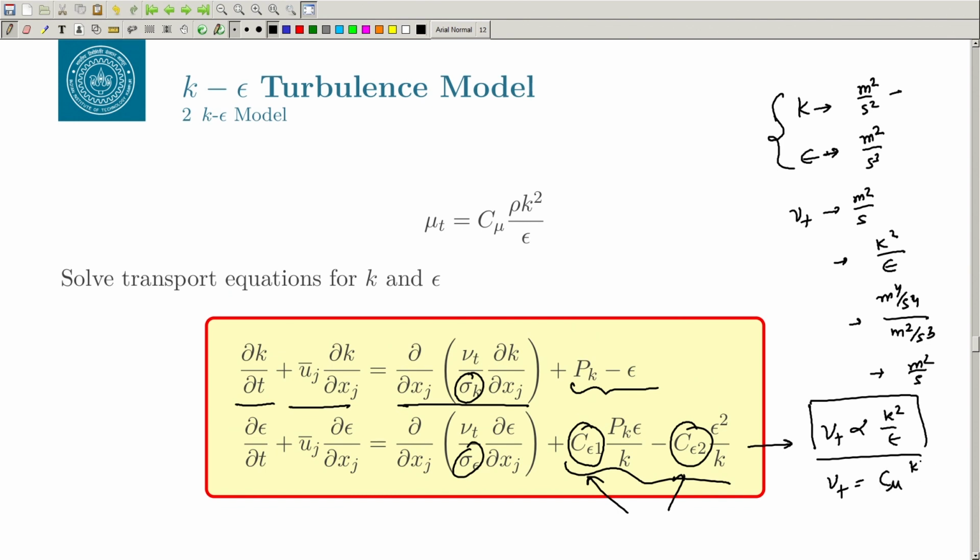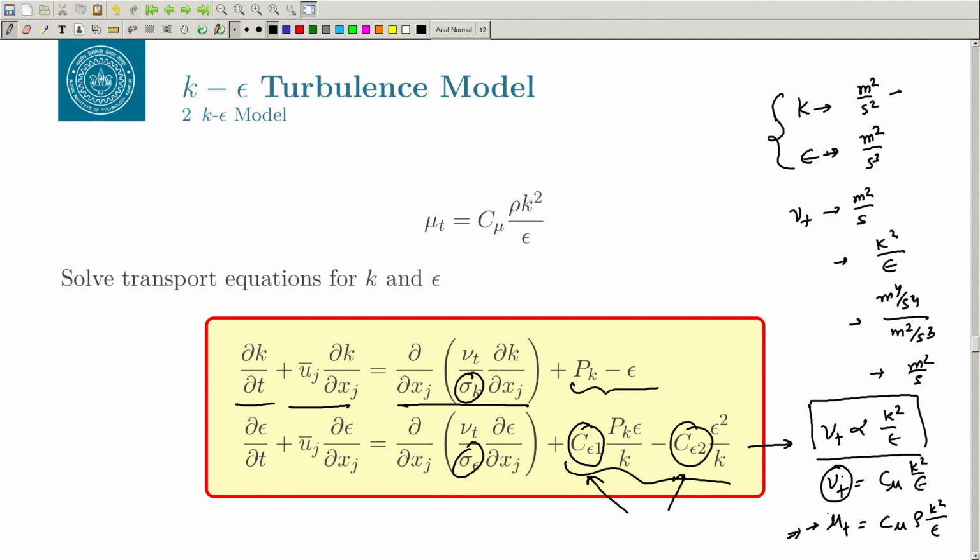So this becomes C mu K square by epsilon, and this is the kinematic eddy viscosity. The eddy viscosity mu T will become C mu rho K square by epsilon.